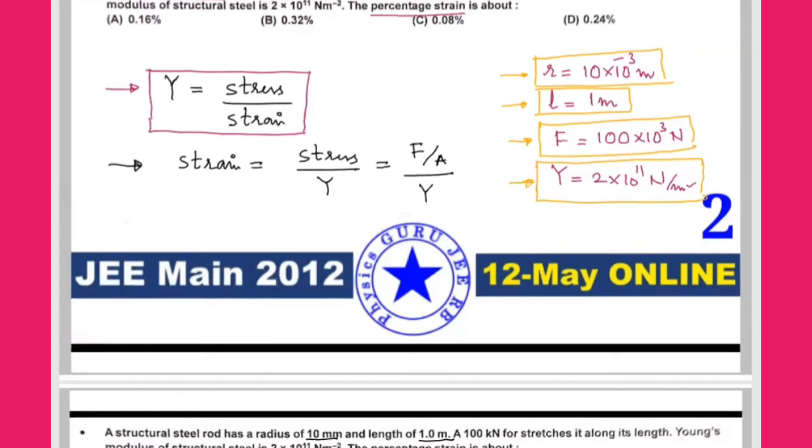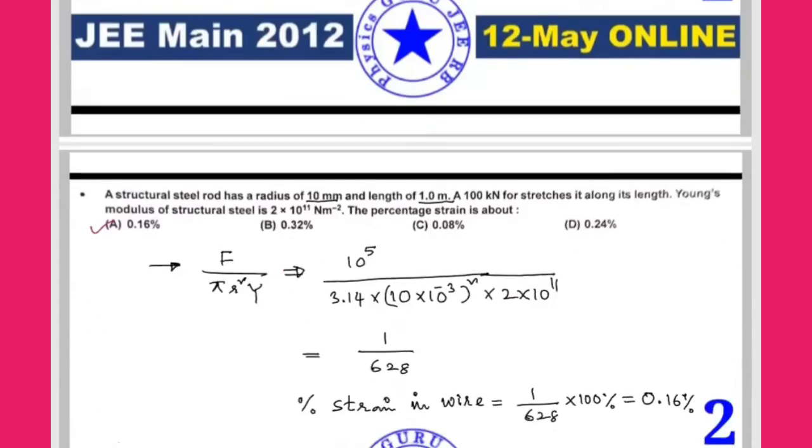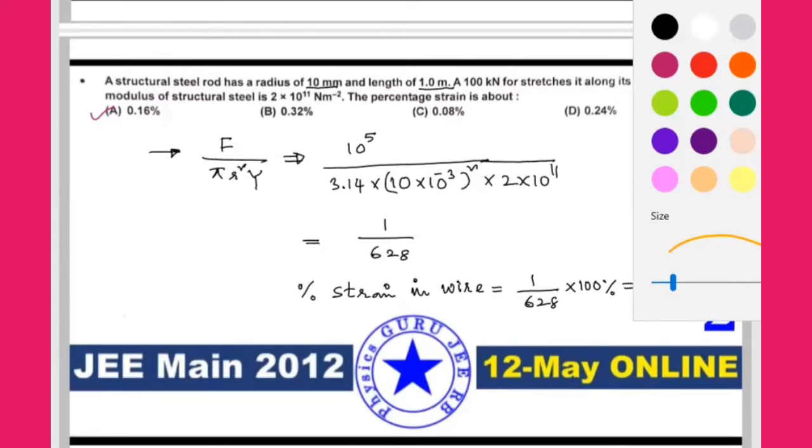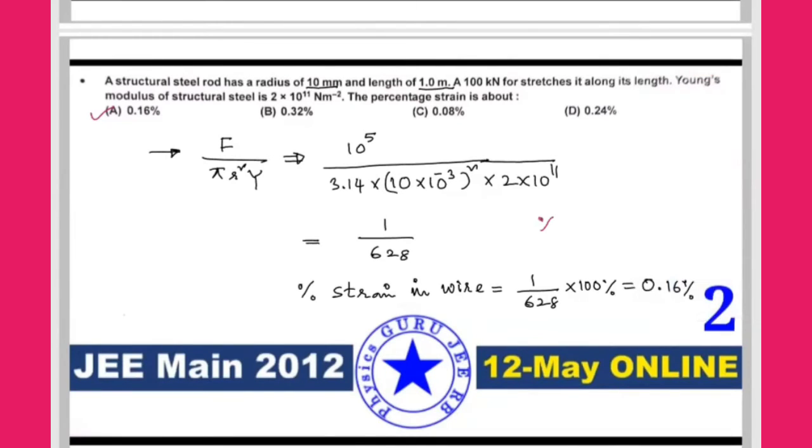Hope this is clear to you, right? So finally we got the percentage strain equal to 0.16%. This will be the answer. The answer matches with the first option. So A will be the answer for this one.